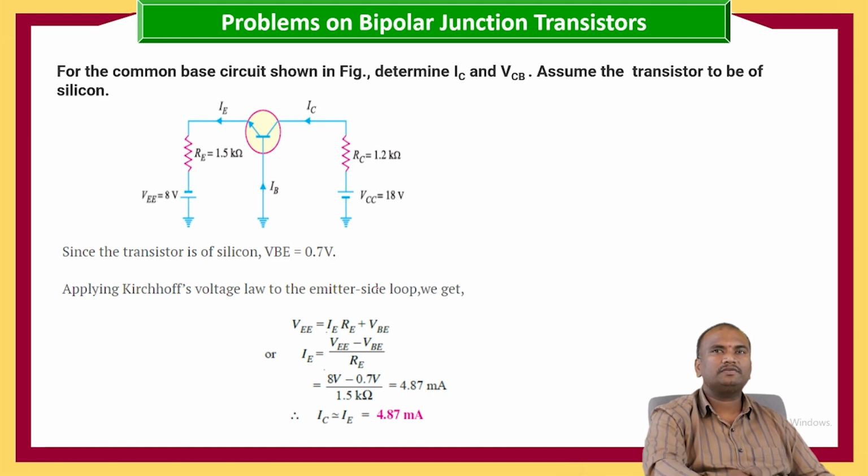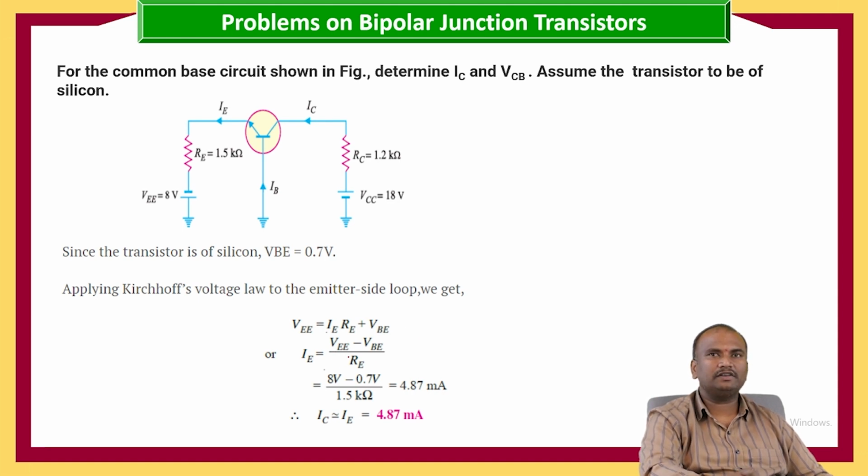By applying Kirchhoff's law to the emitter side loop, that is, if we apply KVL in this loop, VEE is equal to IE into RE plus VBE.